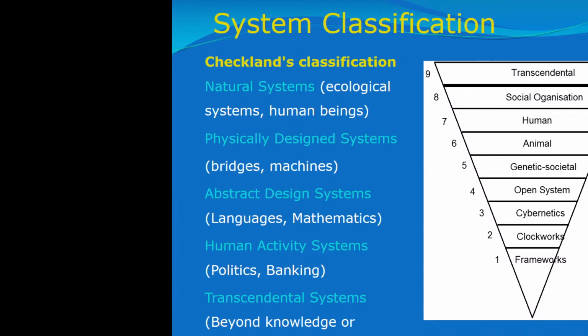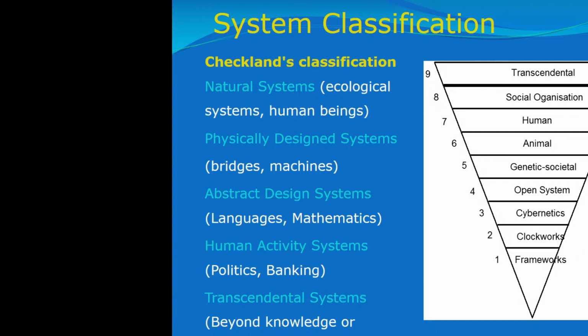Abstract design systems, examples languages, science such as mathematics. Human activity system, examples politics, banking. And fifth, the last type of system in Checkland's classification is transcendental systems, beyond knowledge or comprehension. The first 2 classes are self-explanatory.